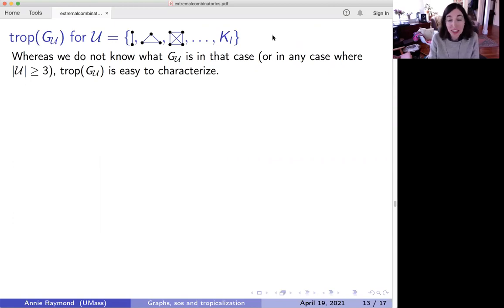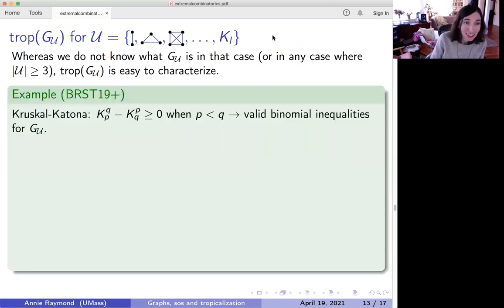It's actually very easy to characterize. There's Kruskal-Katona's theorem that says that the homomorphism density of a complete graph on p vertices to the power q minus the homomorphism density of a complete graph on q vertices to the power p is greater or equal to 0 whenever p is smaller than q. Those are known to be valid binomial inequalities for my graph profile.